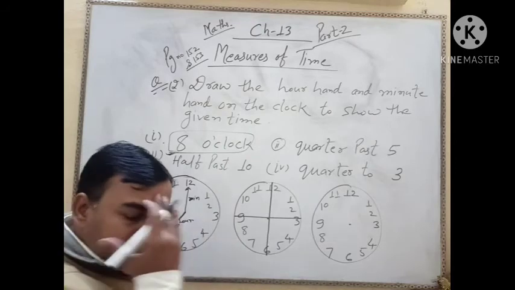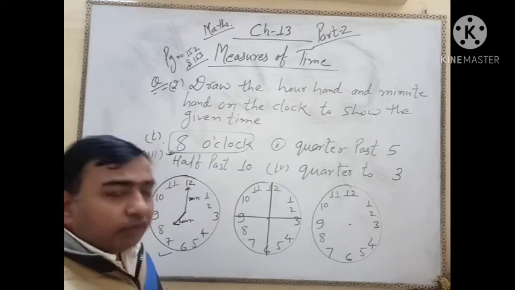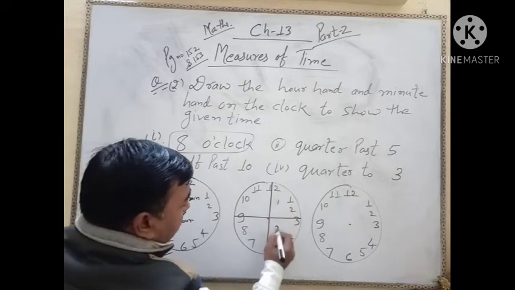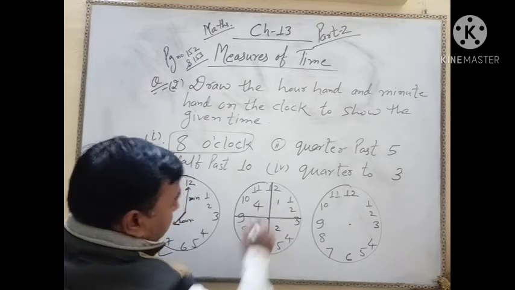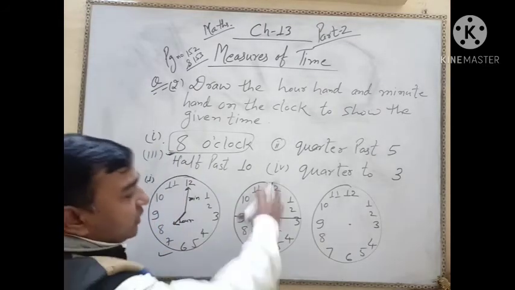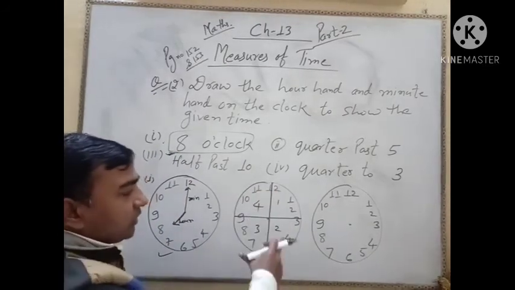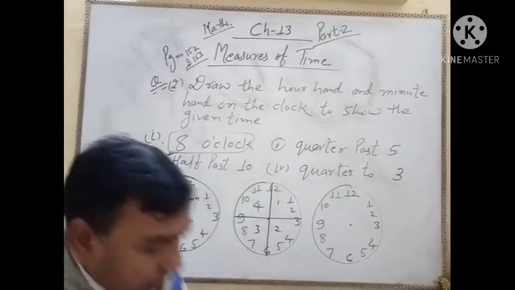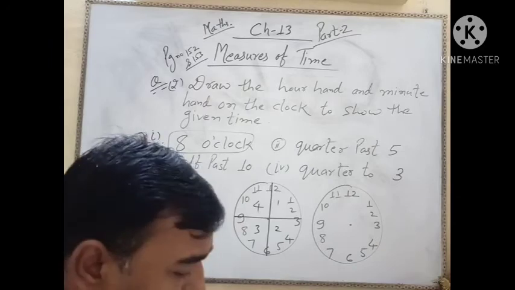Already I taught in the previous chapter. Half of the half is called what? Quarter. So you can see 1, 2, 3, 4. After drawing these two diameters, this whole circle is divided into four equal parts. Now come to question number 2.